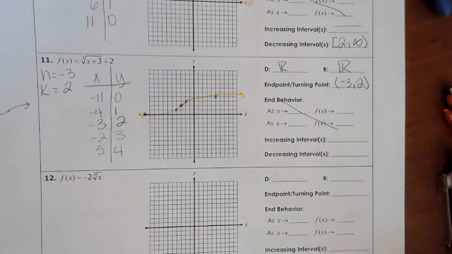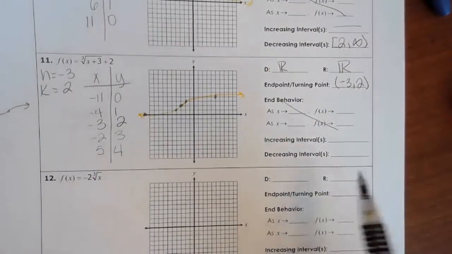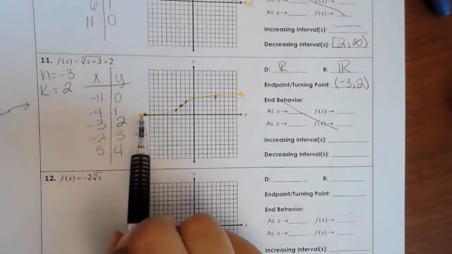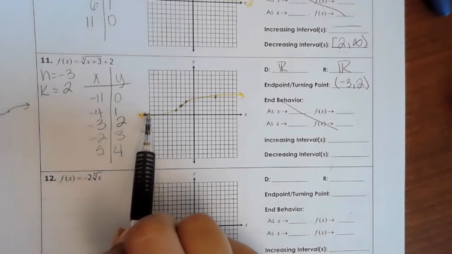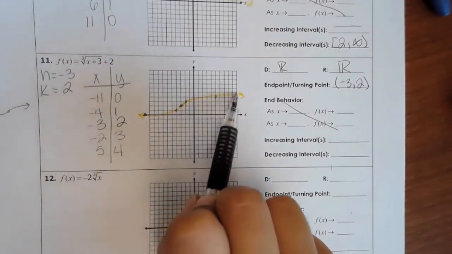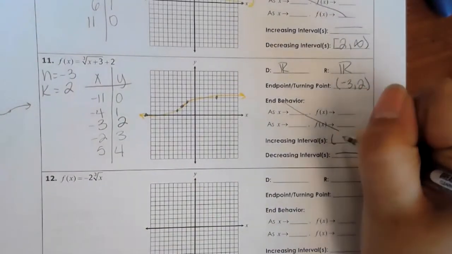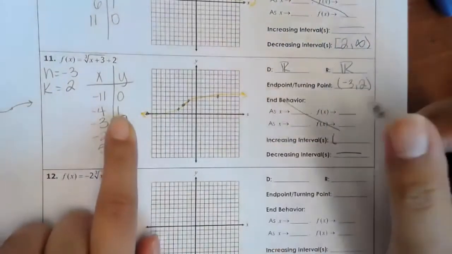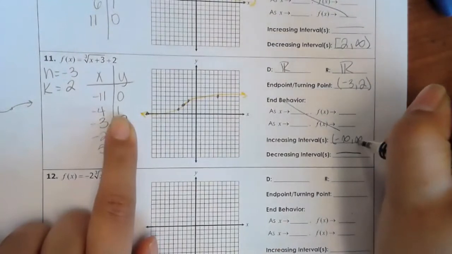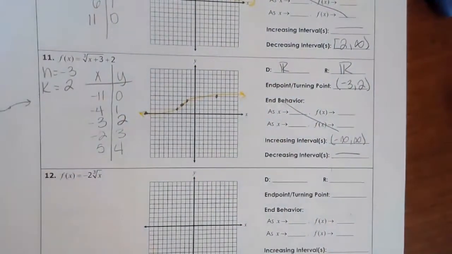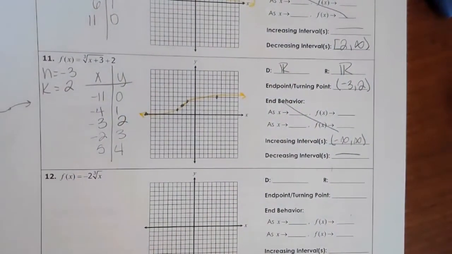To decide if this is an increasing or decreasing interval, start with the leftmost and follow the graph. In this case, you go up and you keep going up. So that is increasing. So we won't have a decreasing. And because it goes to the left to negative infinity and to the right to positive infinity, cube root actually goes from negative infinity to infinity.